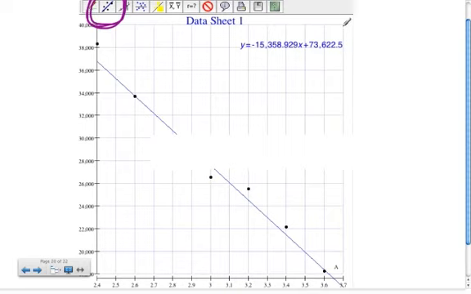And when you do that, what pops up is the linear regression equation, which is right there: y equals negative 15,358.929x plus a y-intercept of 73,622.5. So remember, the number in front of the x is my slope, and it was negative, which it should have been, and the y-intercept is positive.